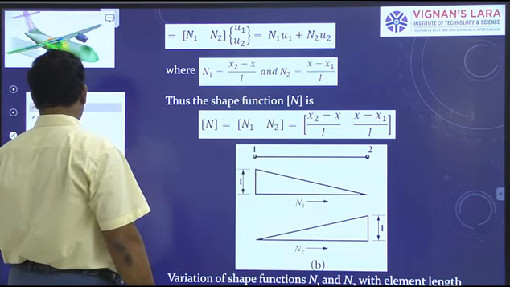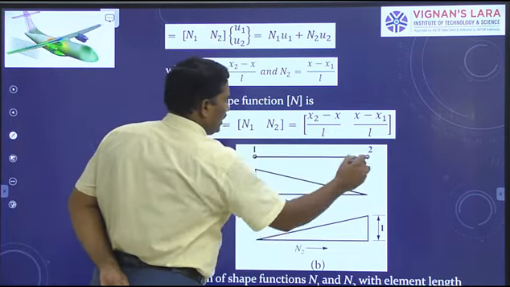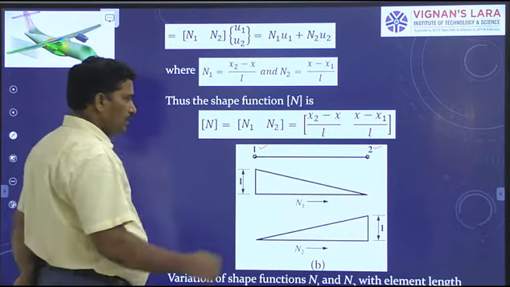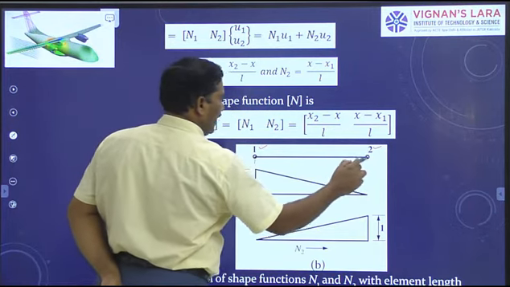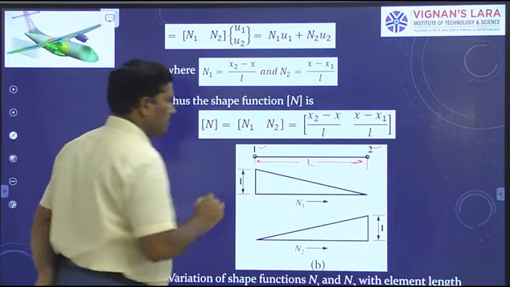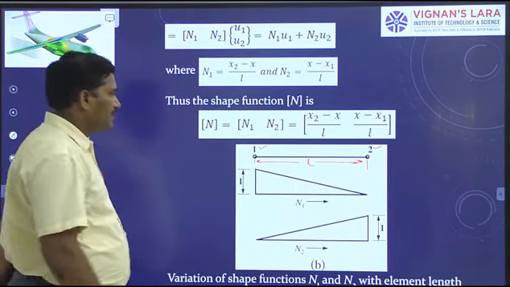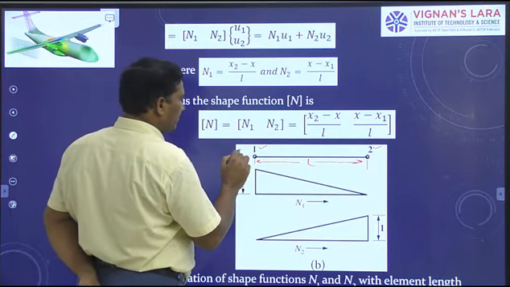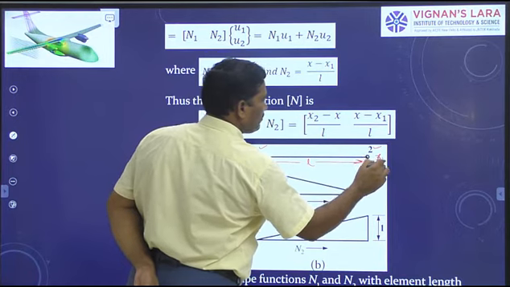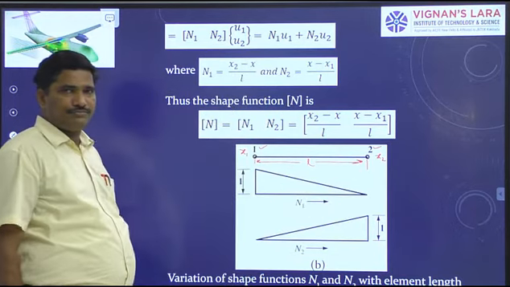Now, this is an element connecting two nodes, 1 and 2. What is the length of the element? L. Okay. Now, we know that node 1 is specified by the coordinate x1 and node 2 is specified by the coordinate x2.